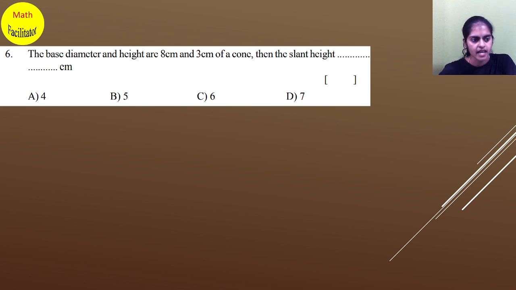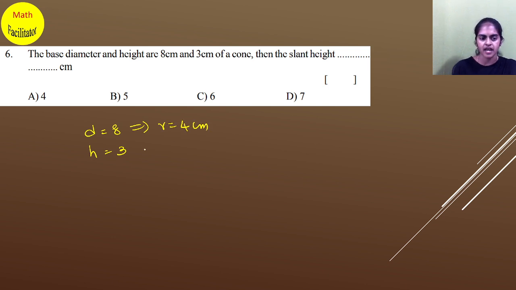Next question, the base diameter and height of a cone are 8 and 3. So diameter is 8. So radius is how much? Radius is 4, half of diameter, and height is 3. You have to find the slant height. Slant height formula just now we discussed. L square is r square plus h square.